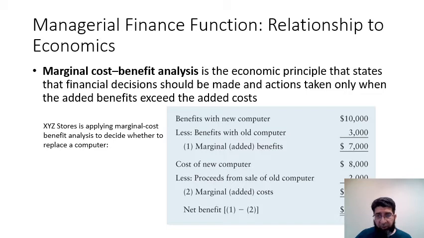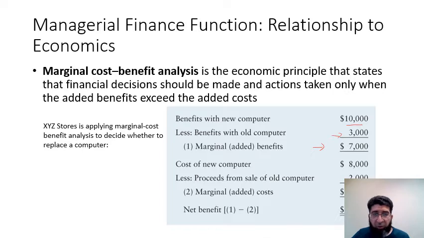For instance, if you look at it, the marginal cost benefit analysis. If we buy a computer which will give us a benefit worth of $10,000, and if we sell the old computer for $3,000, the added benefit is $7,000.